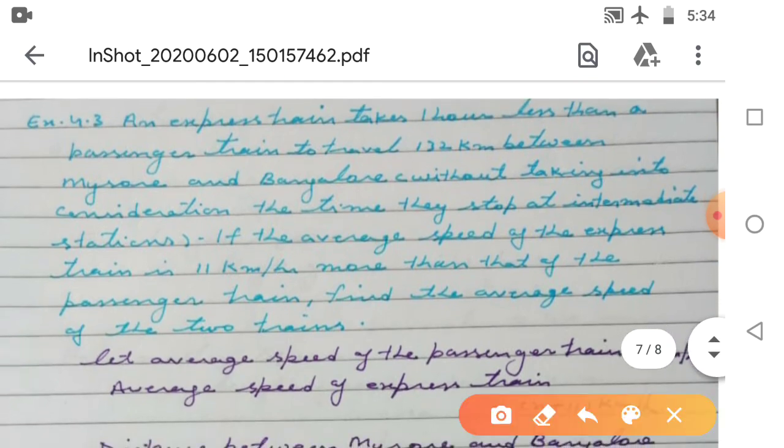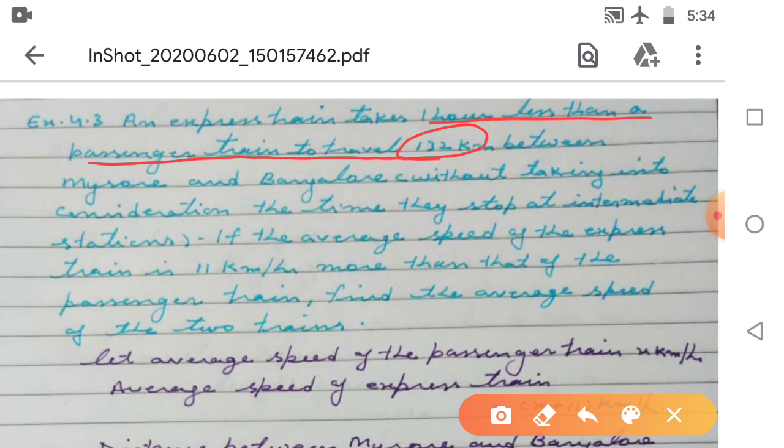An express train takes 1 hour less than a passenger train to travel 132 kilometer between Mysore and Bangalore, without taking into consideration the time they stop at few of the stations.